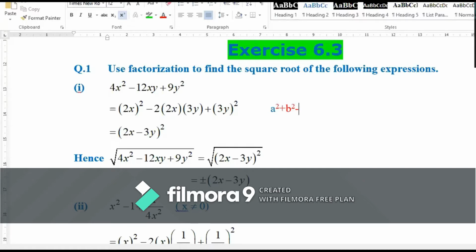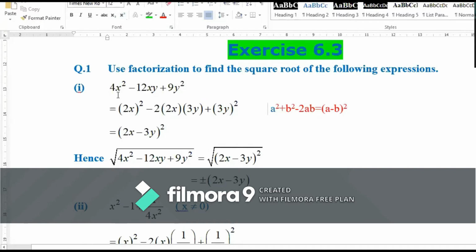You can either write 2 times ab or plus minus ab. This is the simplest example, so it can be used as a reference, right?